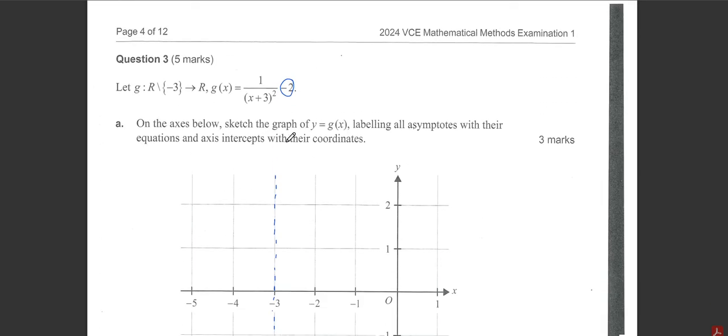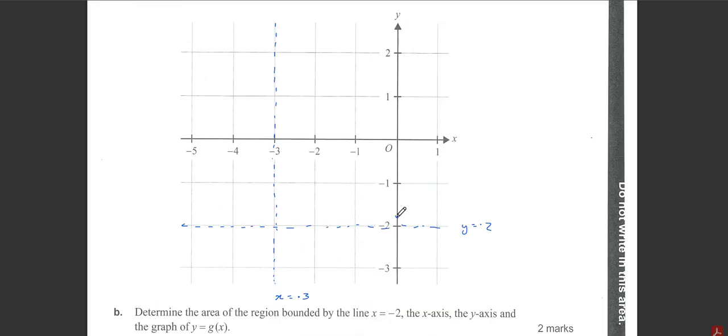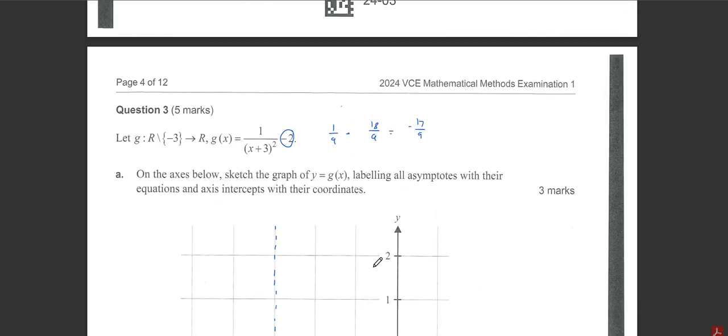Then let's find the axial intercepts. When x equals 0, we get 1 over 9 minus 18 over 9, which is negative 17 over 9, which is around here. 0, negative 17 over 9. Then the x-intercepts, setting it equal to 0, we get 1 over x plus 3 squared is equal to 2, so x plus 3 is equal to plus or minus root 2 on 2.